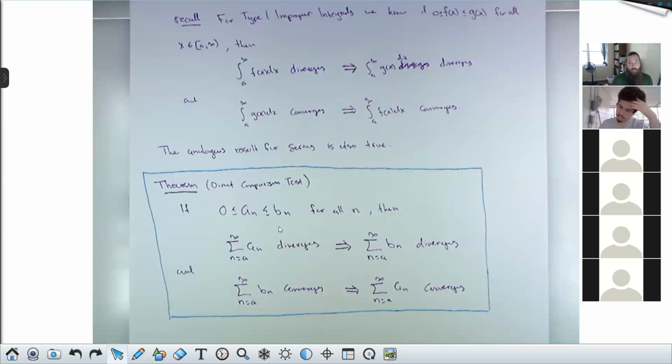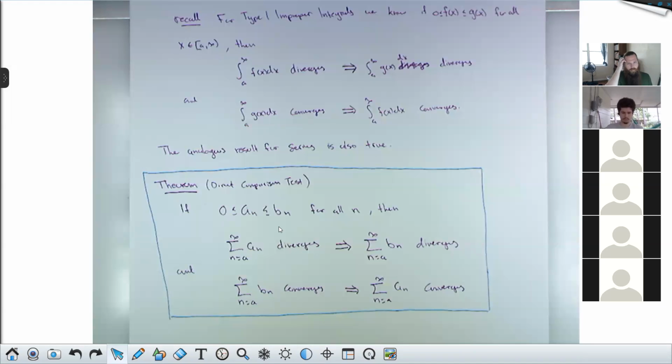And it's probably the most useful one. It's not the most powerful in the sense that there's plenty of things where it's kind of hard to use this, but it's the most useful in that it's the easiest to understand. If you're smaller than something finite, you've got to be finite. If you're bigger than something infinite, you've got to be infinite. So let me show you how this works. Let's look at a few examples.